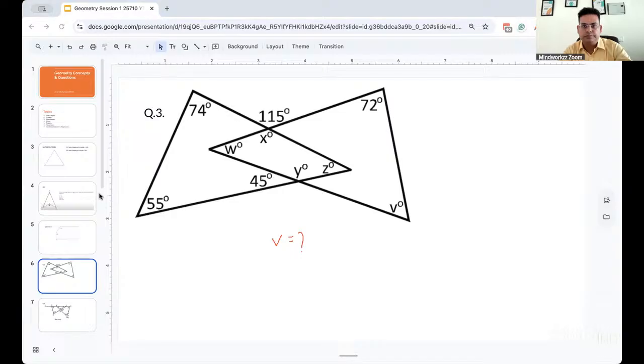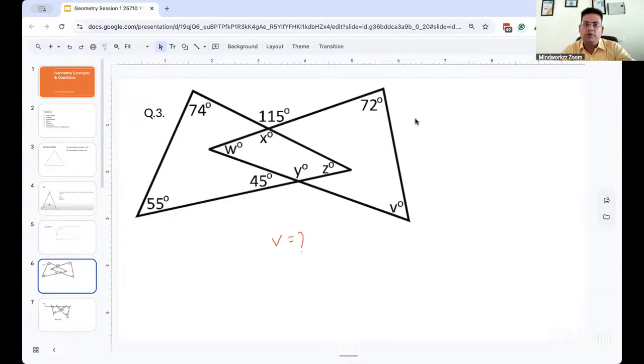Anyone so far? Not that difficult. You just need to think. Always start from what you want to find. So if you want to find V, you need W, because in the triangle on the right side, you already have 72 here.